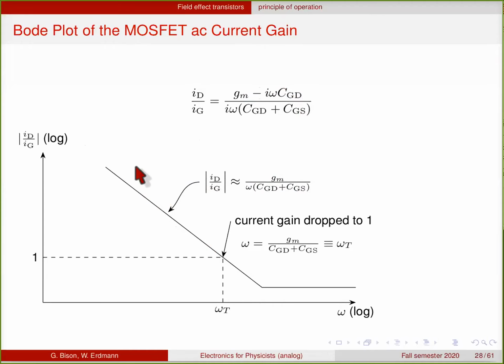The frequency where this current gain drops to 1 is called the transition frequency, similar to what we had for the bipolar transistor. And the value of this transition frequency is then simply gm divided by the sum of gate drain and gate source capacitance.